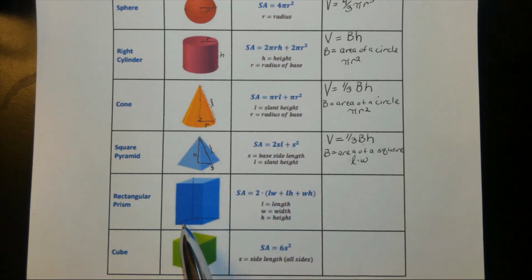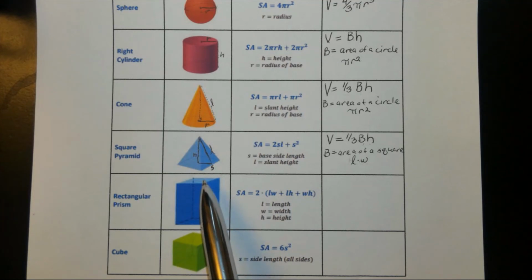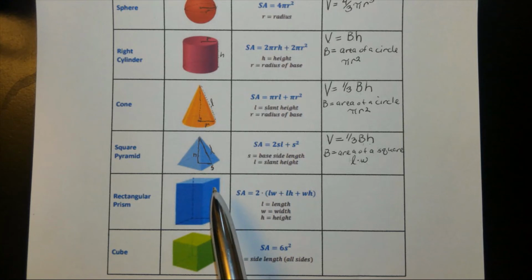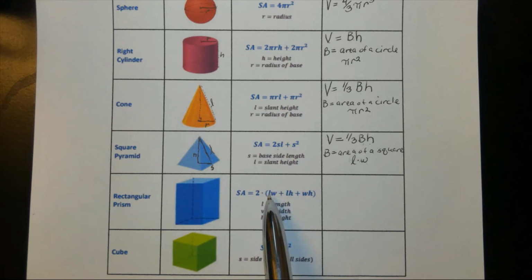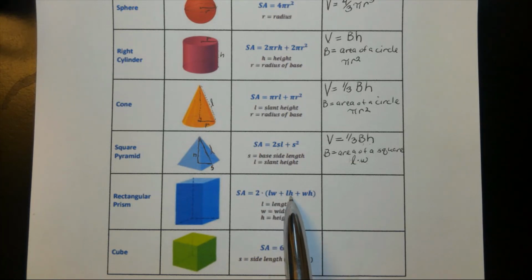So remember, you'll have your length and your width, which would consist of here, and your height would be straight up and down. Okay, so length and width, and then your height. Then when you're filling this in, all you're going to do is do the length times the width, and then add that to the length times the height, and then add that to the width times the height.